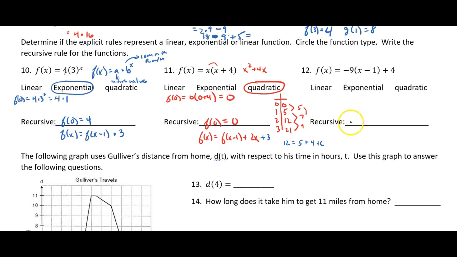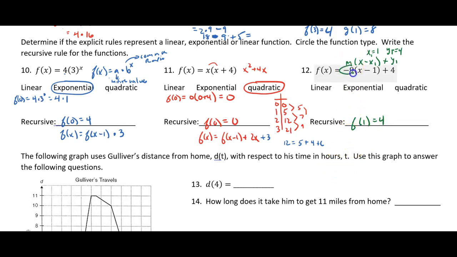Now the last one. If I look, here's my slope times x minus x1 plus y1, which tells me I have an ordered pair here. So right away, if x1 is 1 here and y1 is 4, that tells me f of 1 is equal to 4.